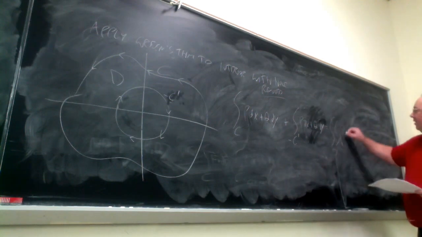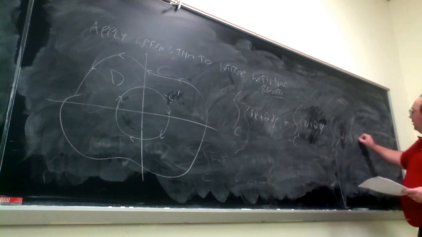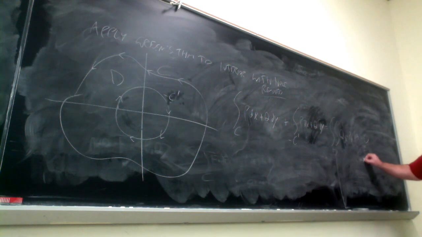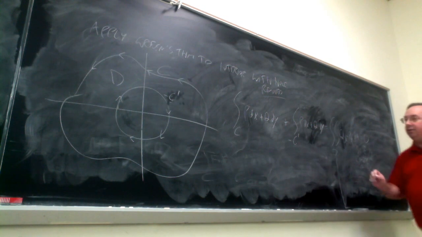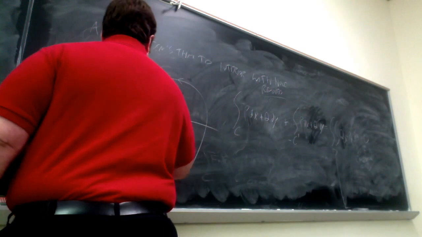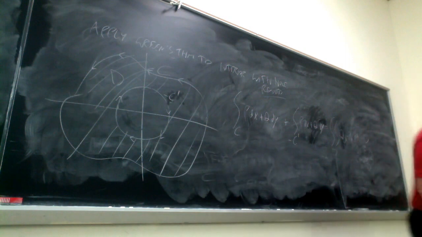So that would be, okay. Now, this is going to be 0, because F is conservative on D, where D is everything but the hole.